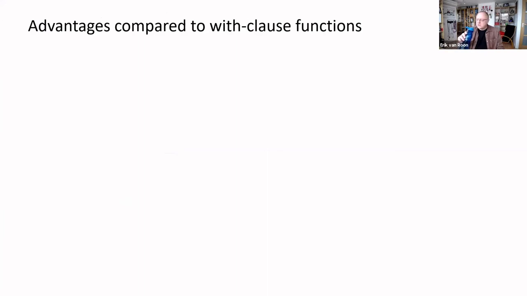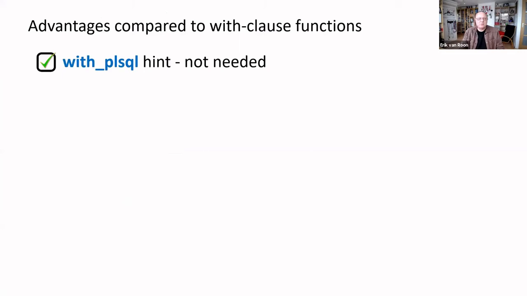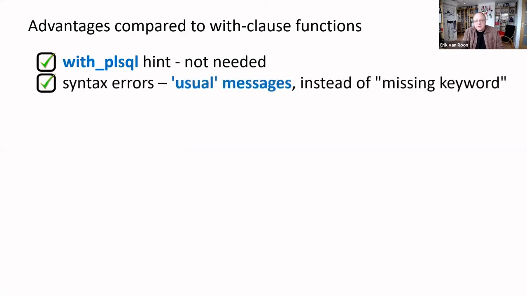What are the advantages? Well, basically all the disadvantages that we saw with the with clause do not appear with the pragma UDF. You do not have to use a with PL/SQL hint. You get sensible error messages. You know where the problem is.